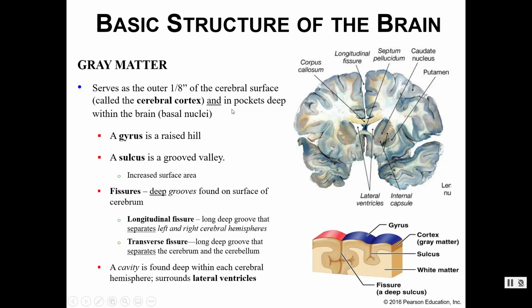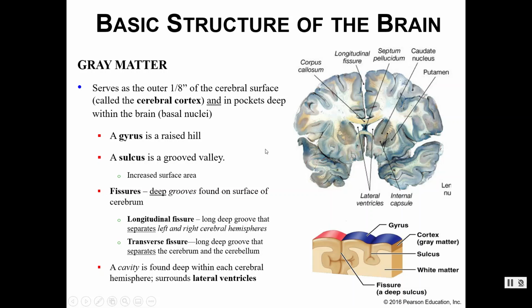Again, this is also referred to as your cerebral cortex, in case you see that term thrown around. You also have a couple of deeper pockets of gray matter within the brain. We call these basal nuclei. We'll come back to those in a minute as well. But you do have little tiny portions of gray matter dotted on the inside as well.